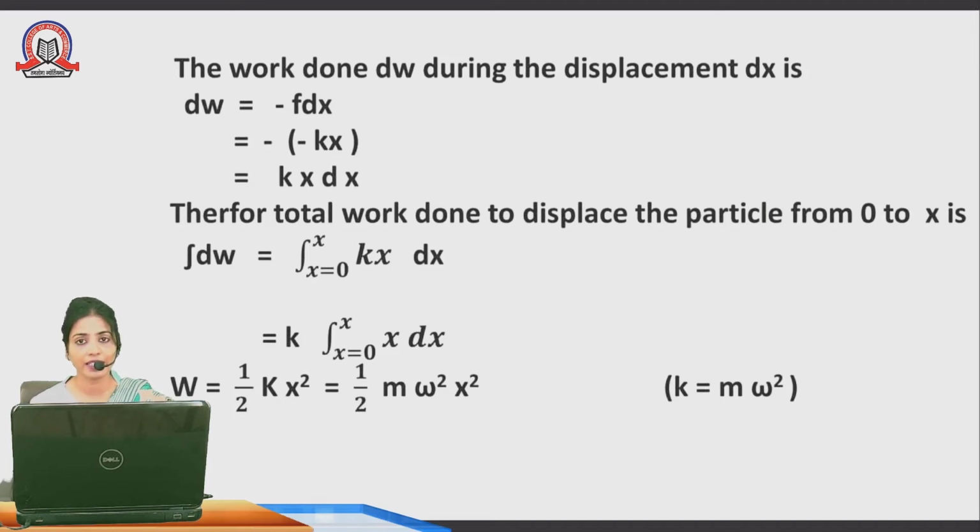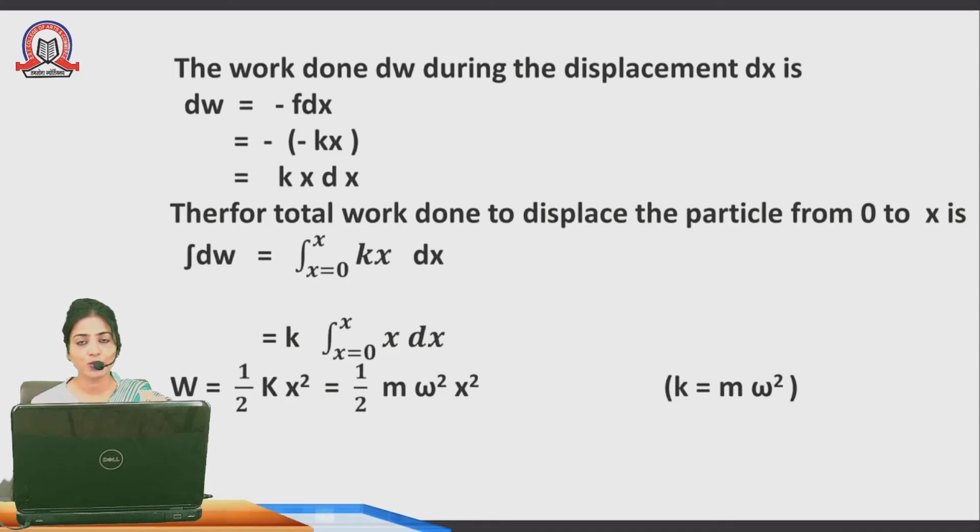K is my constant, so we take it outside. So the total work done is represented by capital W. Capital W equals 1 upon 2 kx square, and after that 1 upon 2 m omega square x square.